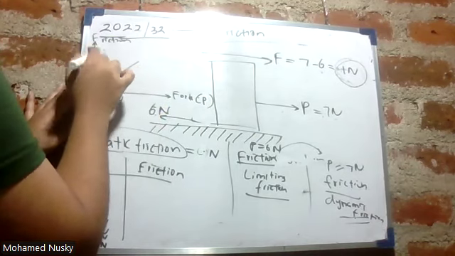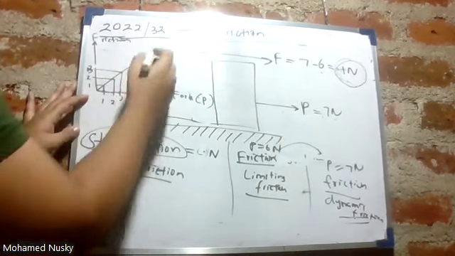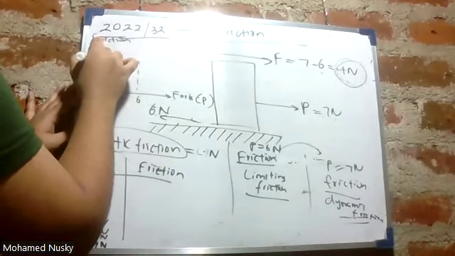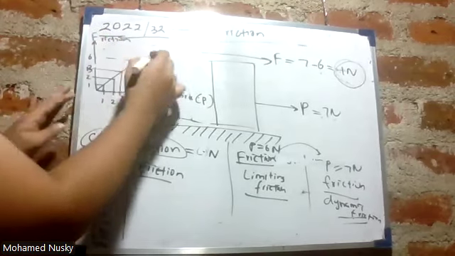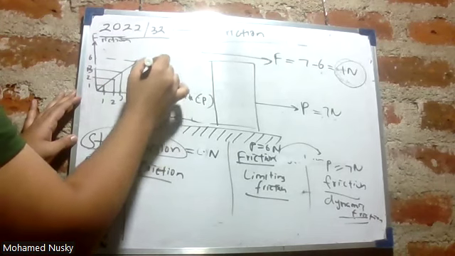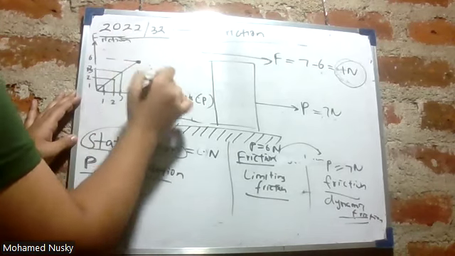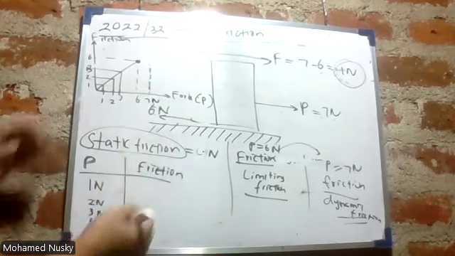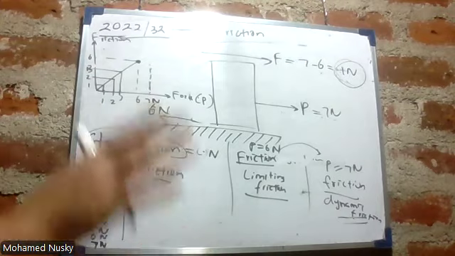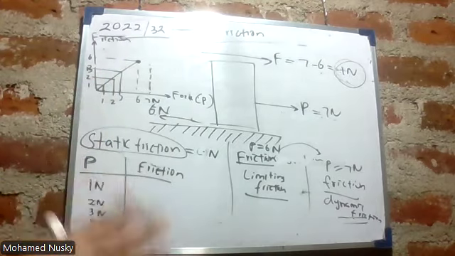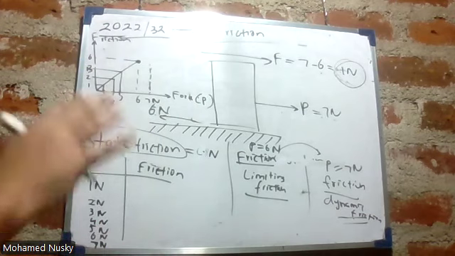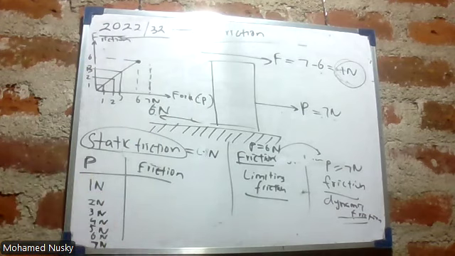Likewise it will increase. So when I give 6 Newton, the maximum friction will be acting, that is the limiting friction. And once I apply 7 Newton, dynamic friction will be acting. Always remember, dynamic friction is always less than limiting friction.